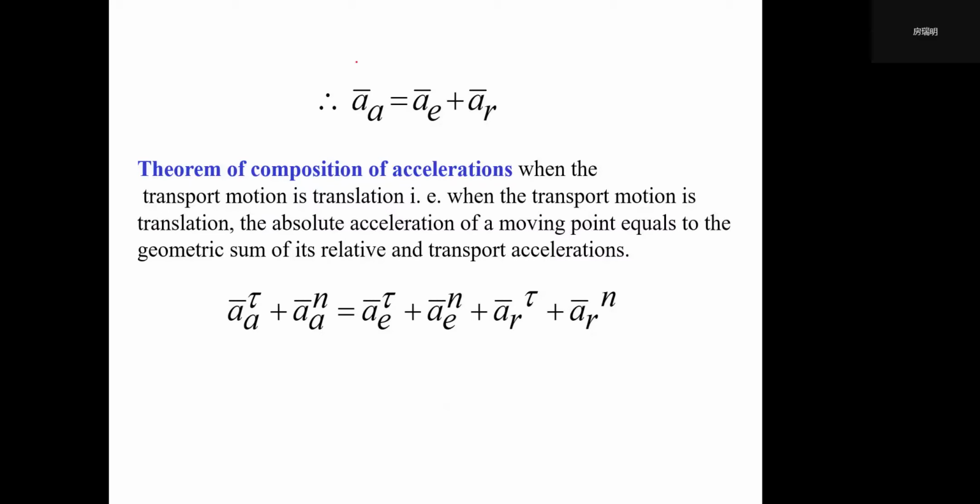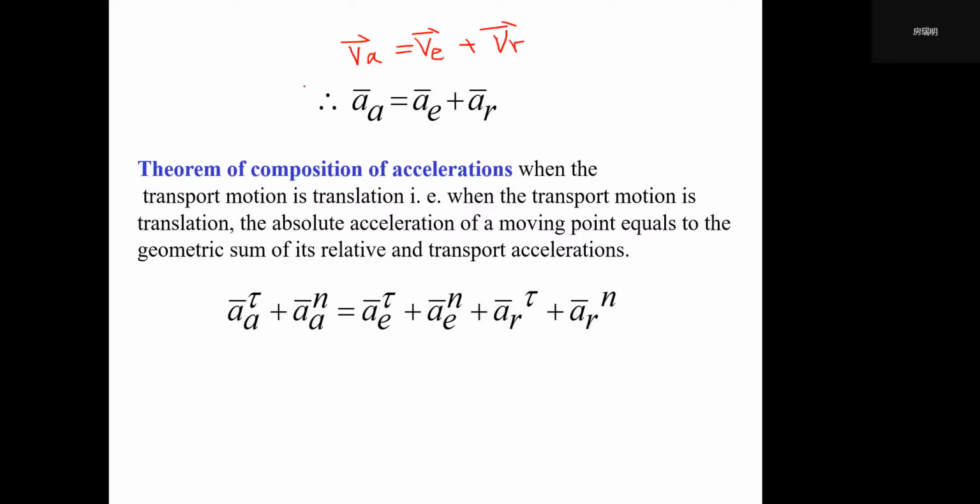So we have the absolute velocity equal to the transport velocity VE plus the relative velocity VR. So we can compare these vector equations of composition of velocity and composition of acceleration.